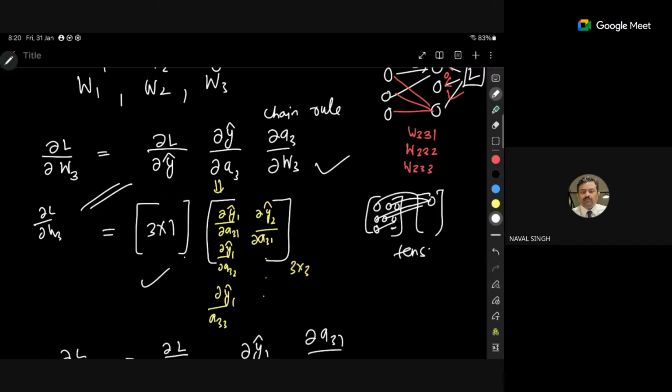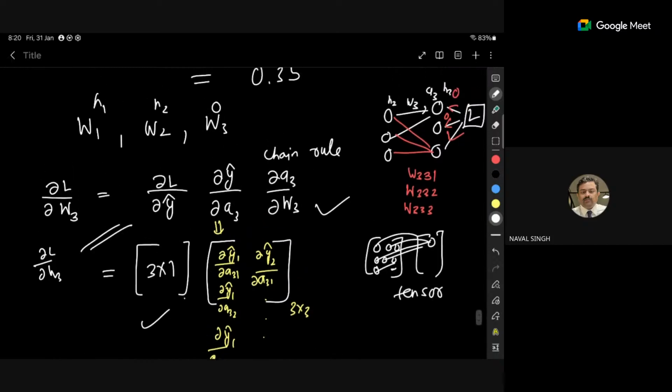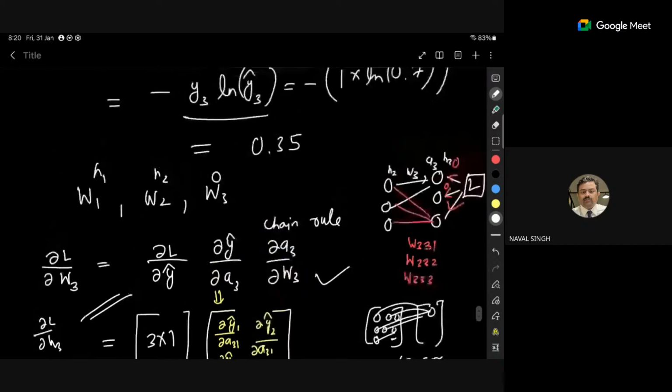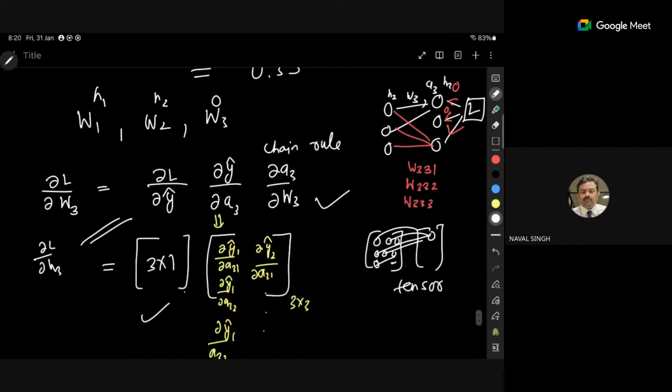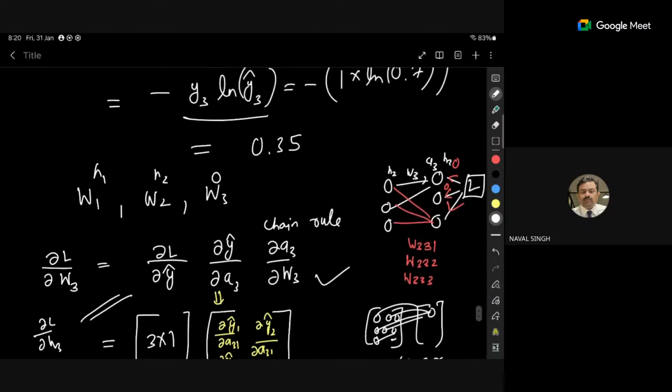But to simplify this, there is a way, because we want just one path of it, where we don't get zero. Using this, like y3 ln y hat 3, we don't want to go across all the paths which are zeros.